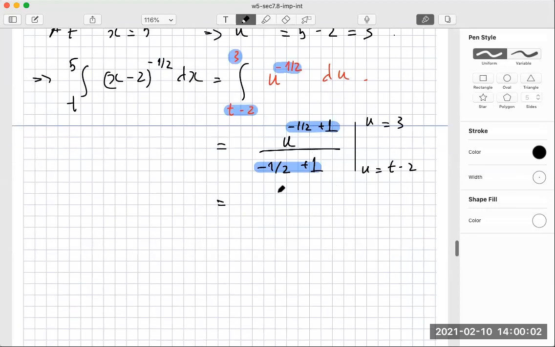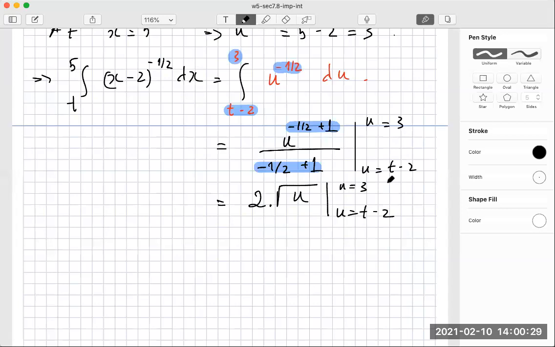Yes, it is 1/2, or let us write it as square root of u, right? And here, this will be divided by 1/2 or multiplied by 2, right? Thank you, very good. Look. Do you all see it? Okay.